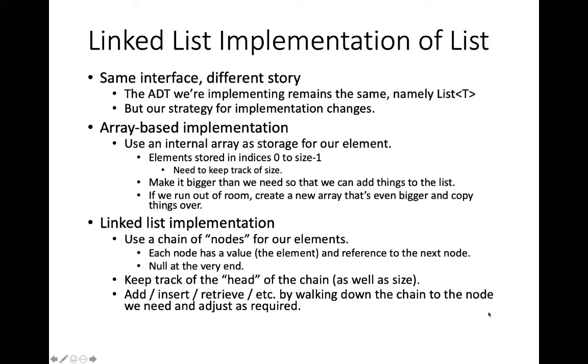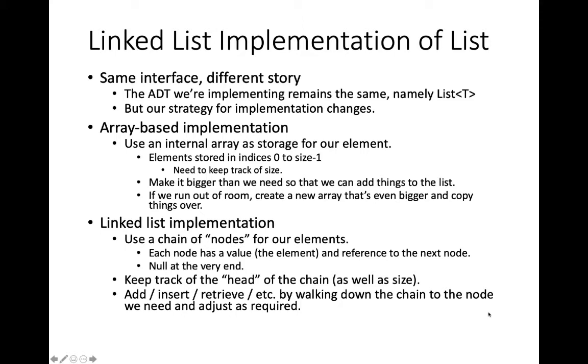A linked list implementation takes a different strategy. Instead of an array of elements as its storage, it uses a chain of nodes, where nodes are simple data structures which combine a value, a particular element value, and a pointer, a reference to the next node in the chain.